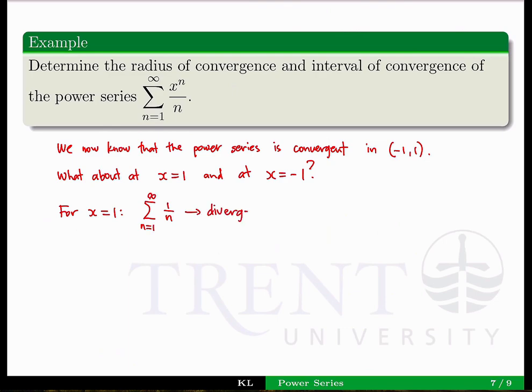This is the harmonic series. On the other hand, when x equals -1, we have the series from n equals 1 up to plus infinity of -1 to the n over n. And this is convergent, the alternating harmonic series.